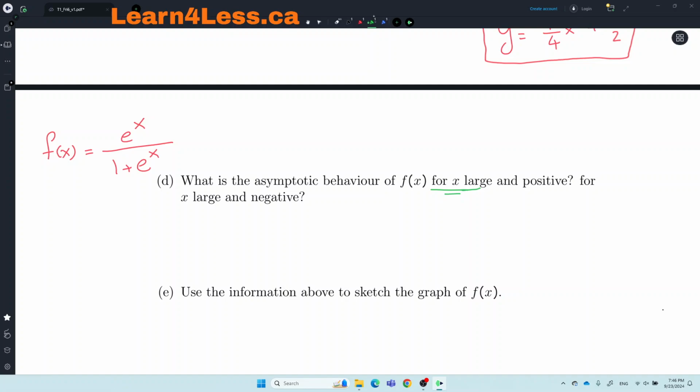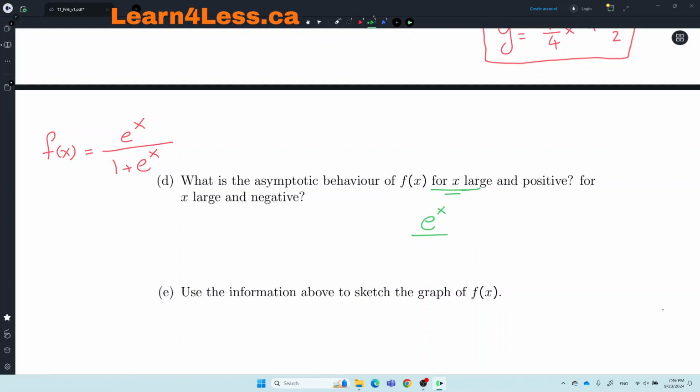Okay, when x is very, very large and positive, what happens? What is dominating on top? On top we only have e to the x, so that's the dominating part. How about the denominator? You have e to the x, which is a huge number for positive x, plus 1.